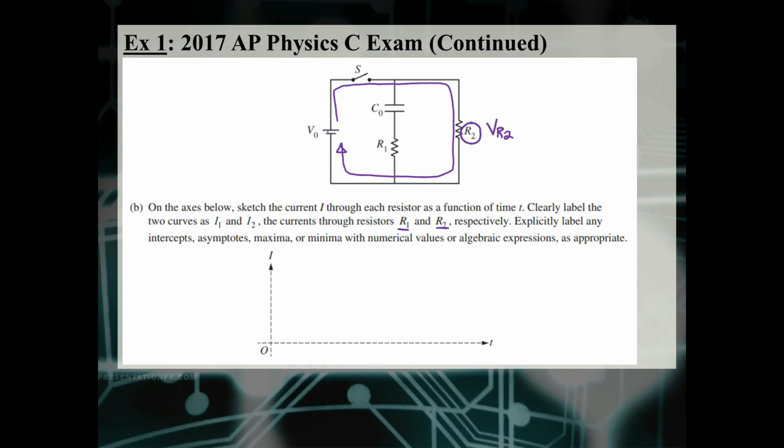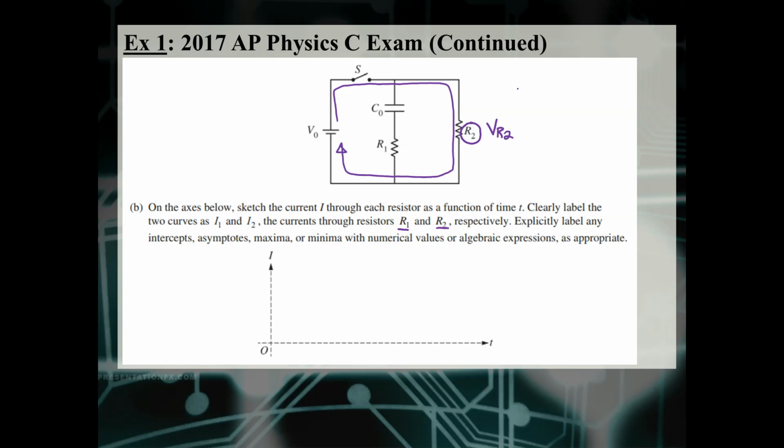Kirchhoff's voltage law tells you whatever you gain in this loop, which is V naught, you must lose, and the only way to lose it is across R2. So regardless of what's going on in the transitional phase, the battery voltage and the voltage across resistor number 2 are always going to be the same.